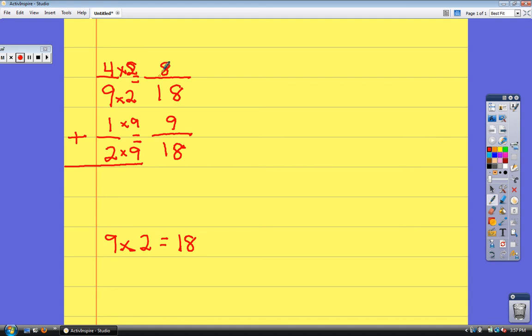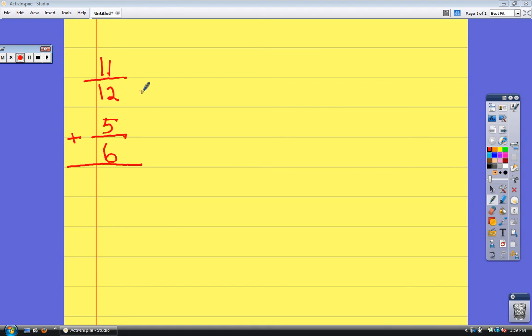If we add those up, we get 8 eighteenths plus 9 eighteenths, which is 17 eighteenths. So we start by multiplying the two denominators together to find a number that we can use for a common denominator, made equivalent fractions, and then got our answer.